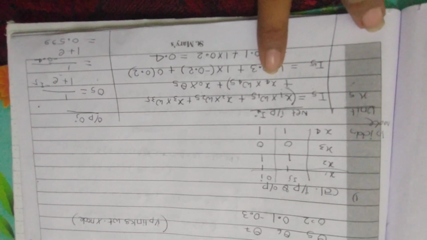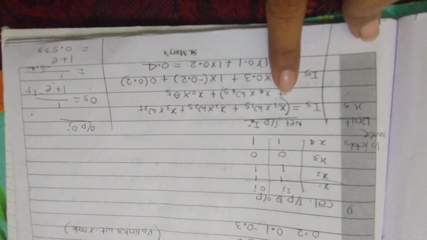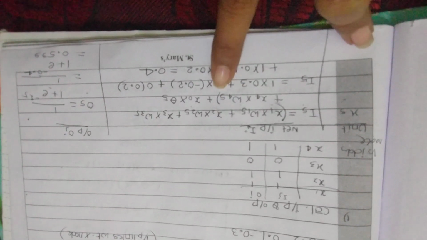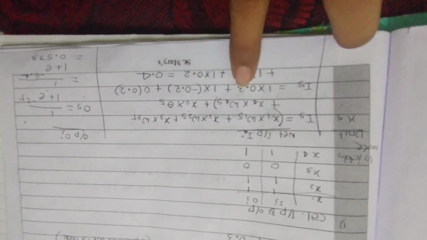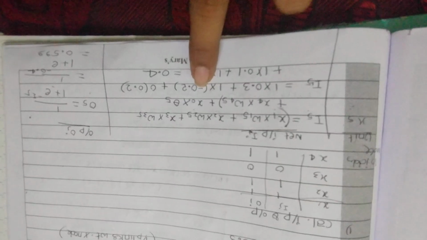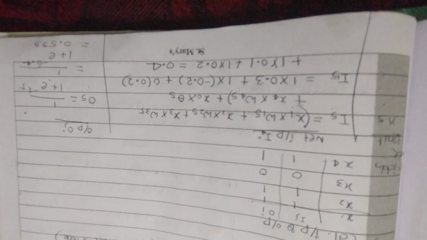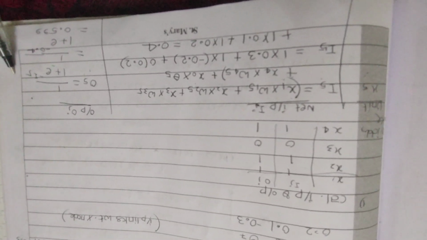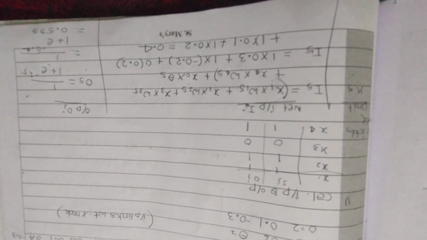So the net input Ij is equal to the summation of the inputs x1, x2, x3, x4 times the weights from i to j, plus the bias into theta 5. Output Oj is calculated using Oj equal to 1 by 1 plus e power minus Ij. Here we have substituted the values and got the result.